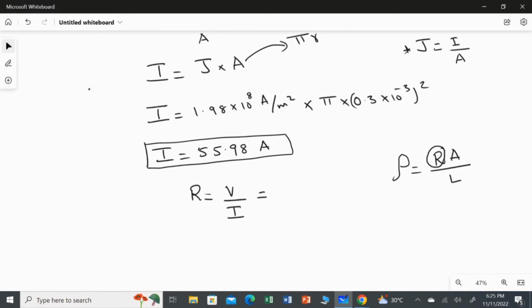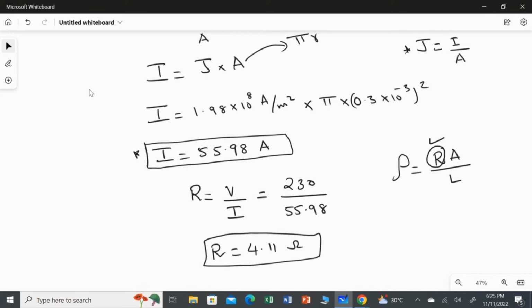Now the V value is already given, so I can use 230 over the current value, 55.98, right? So what's the value of the resistance? The value of the resistance is 230 over 55.98, which is 4.11 ohm. Clear?